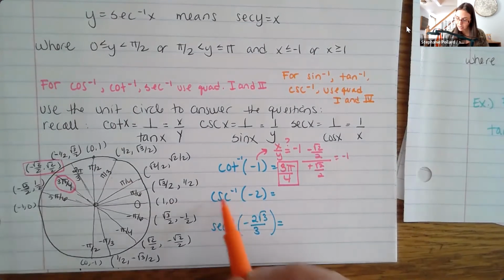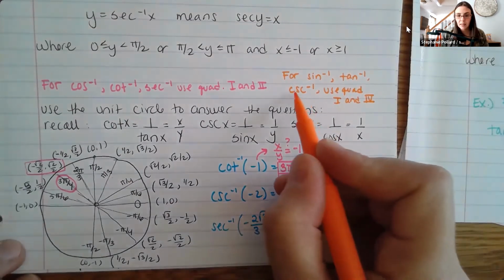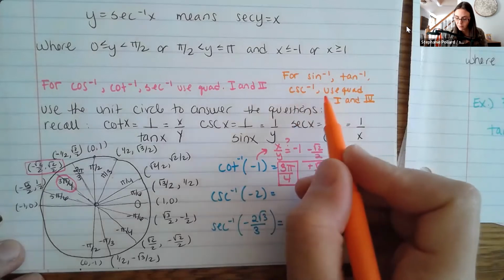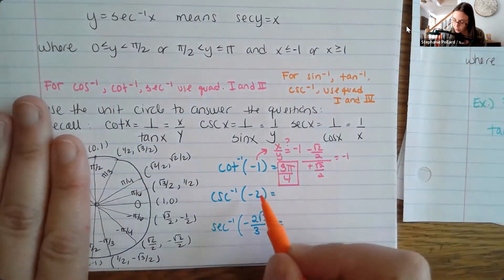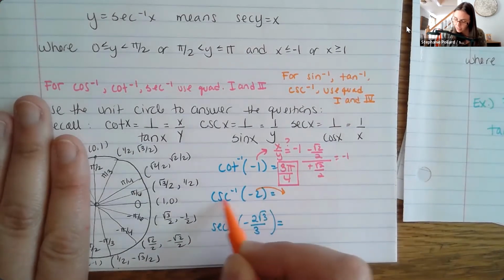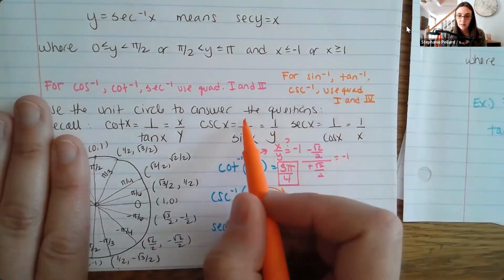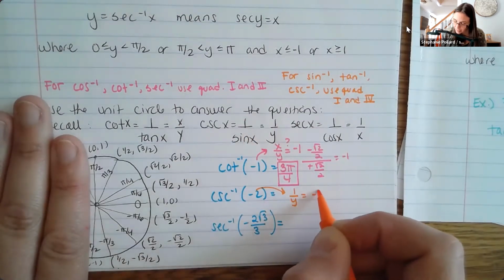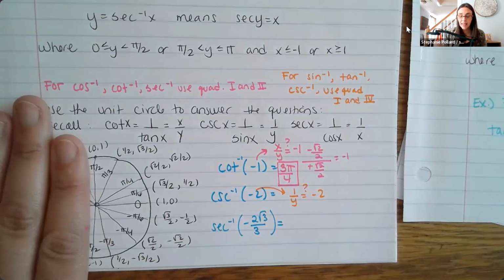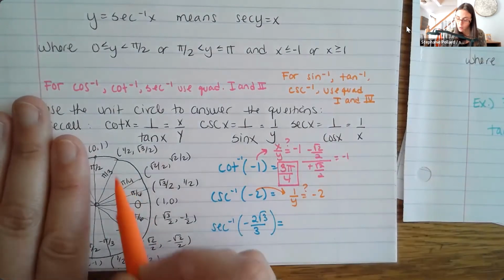Let me do cosecant next. So for cosecant, you're looking in quadrants 1 and 4. So I'm looking on this side of the graph. My value is -2. So I'm asking myself, okay, well, cosecant is 1 over sine. So it's 1 over y. So I'm saying, okay, well, what 1 over y value would equal -2? And again, I'm looking only in the first and fourth quadrants.